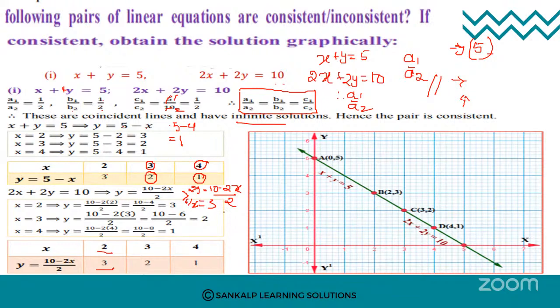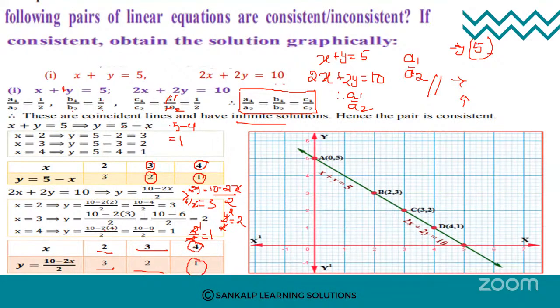So 10 minus 6 is 4. 4 divided by 2 is 2. So x is equal to 3, y value is 2. If we substitute x is equal to 4, 10 minus 2 fours are 8. So 10 minus 8 is 2. 2 divided by 2 is 1. If x value is 4, then y value is 1.